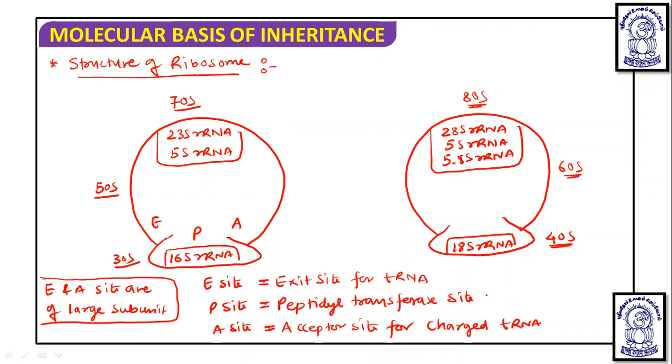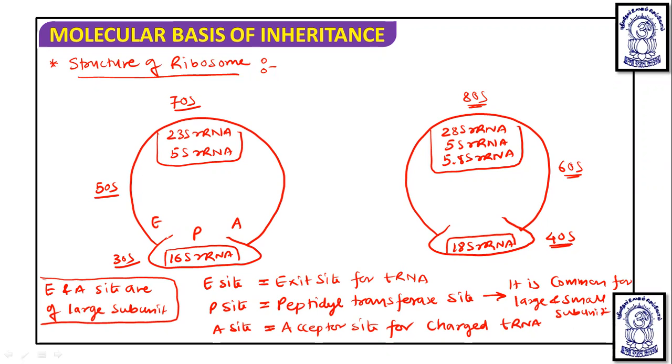But the P site is common for the large and small subunit. In such a way, the ribosome structure is there.